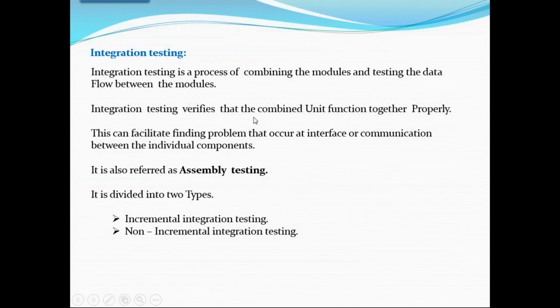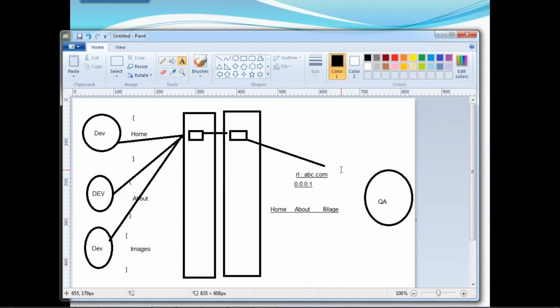So if I click home, the home page should open. If I click about us, about us should open. If I click images, images should open. So I need to check integration.